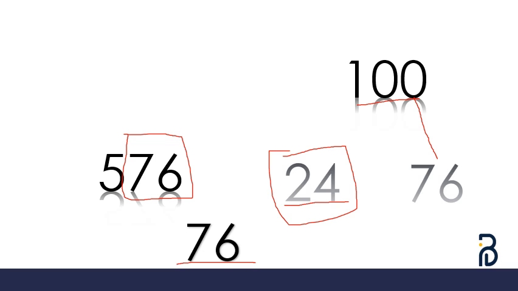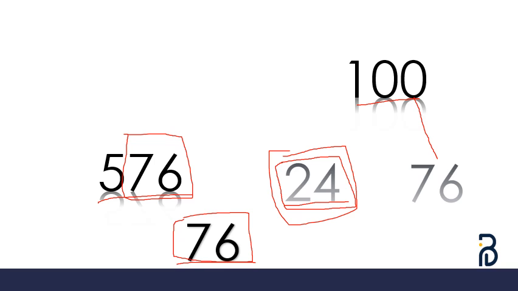Next step is find the square of this difference. What is 24 square? It is 576. And the next step is take the last two digits of that square. What are the last two digits of 576? It is 76. So your answer is going to be 76. Very easy, a three-step process.